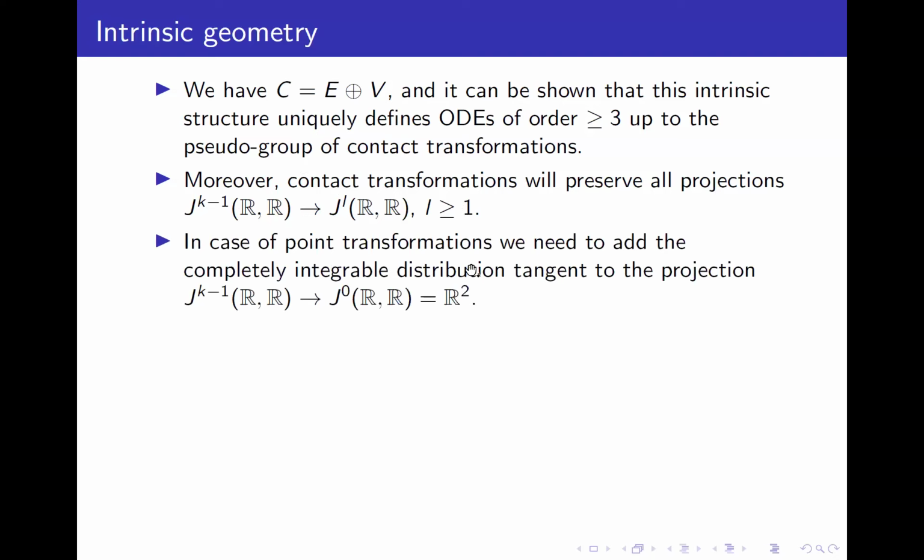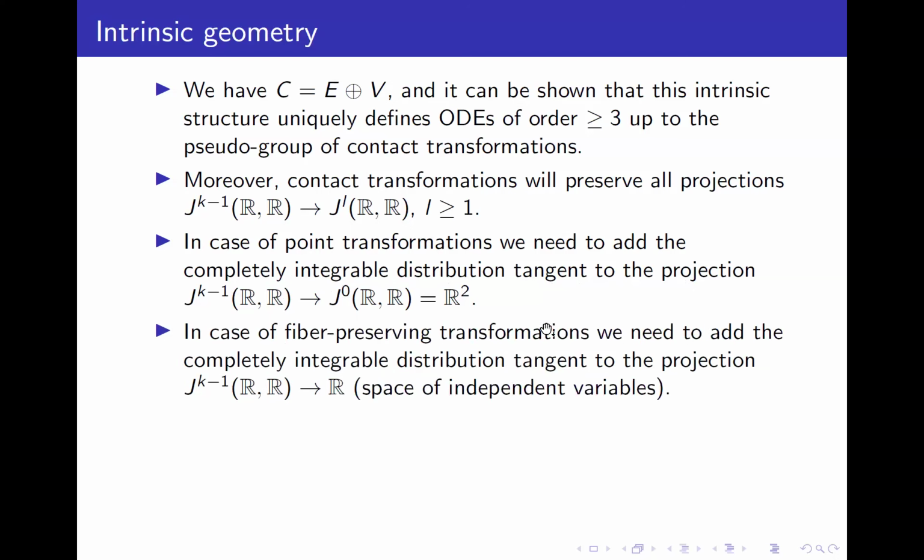So in the case of point transformations, our intrinsic geometry is different from the intrinsic geometry under contact transformations, because we need to define this projection explicitly. So this completely integrable distribution tangent to this projection becomes a part of our intrinsic structure.